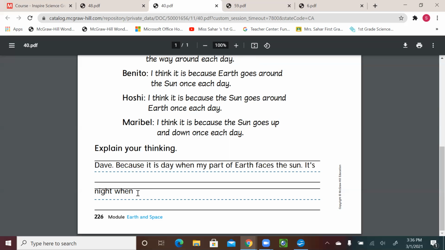So when the part of Earth, or my part of Earth, the part that you live on, faces away from the sun.